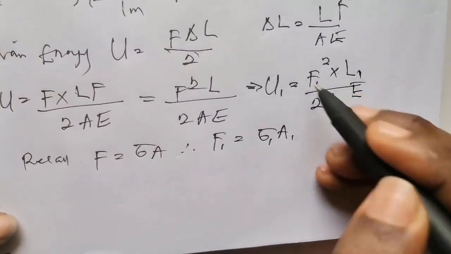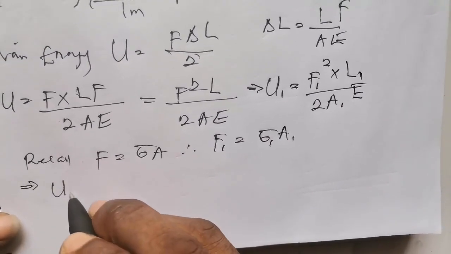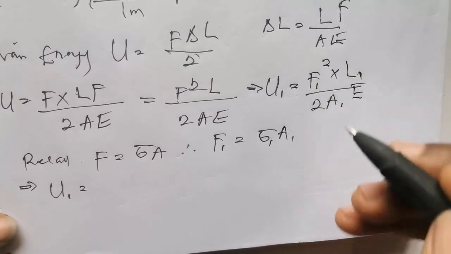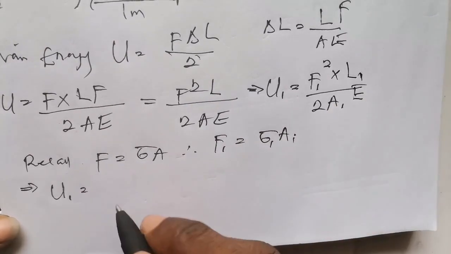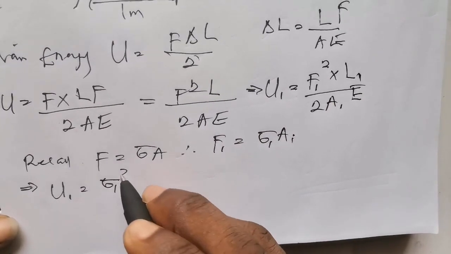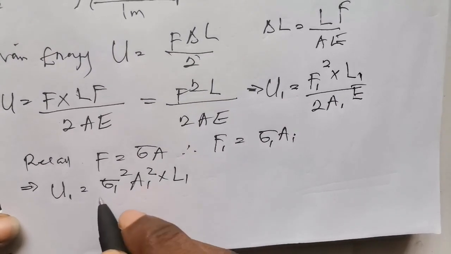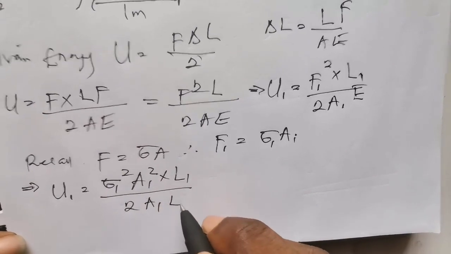Now let's put that into this equation. That simply implies that the strain energy 1 is going to now be equal to, we have force 1 squared, and force 1 is stress 1 times area 1. So force 1 squared simply becomes stress 1 squared, area 1 squared multiplied by length 1, all over 2 times area 1 times Young's modulus.